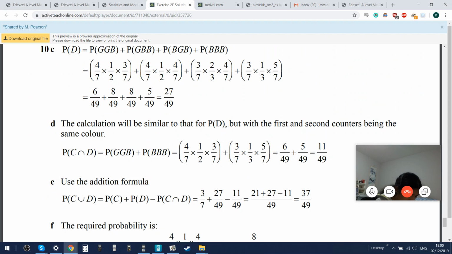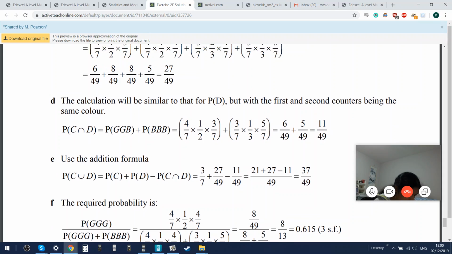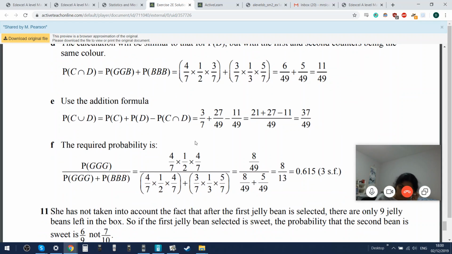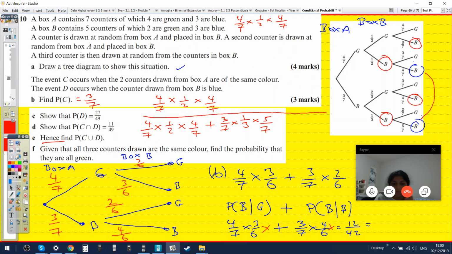Which is 8 over 13. That's it. Grand. So that was that one. Any questions there?